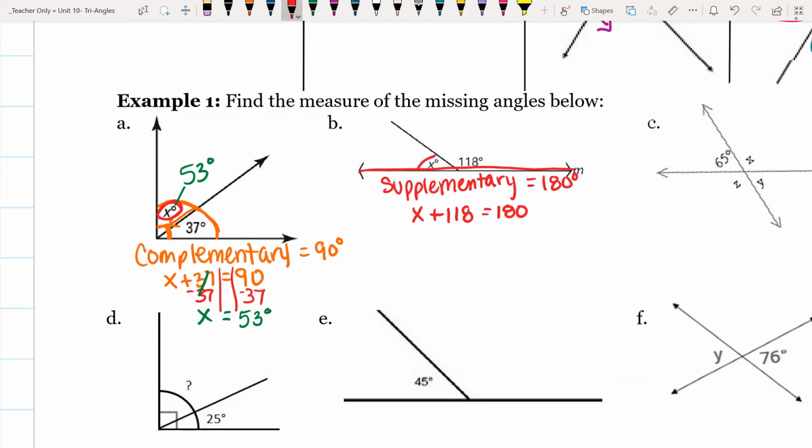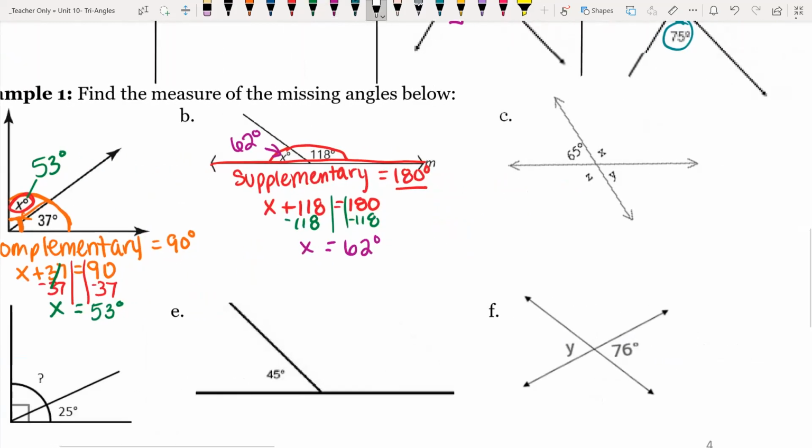Because we have to add our x plus our 118, and that's going to give us 180. So that's where I got that equation from. Now we're going to solve by subtracting 118 on both sides. And we're going to get x is equal to what? What's 180 minus 118? Well, that's going to give us 62 degrees. So that means this x is 62 degrees.